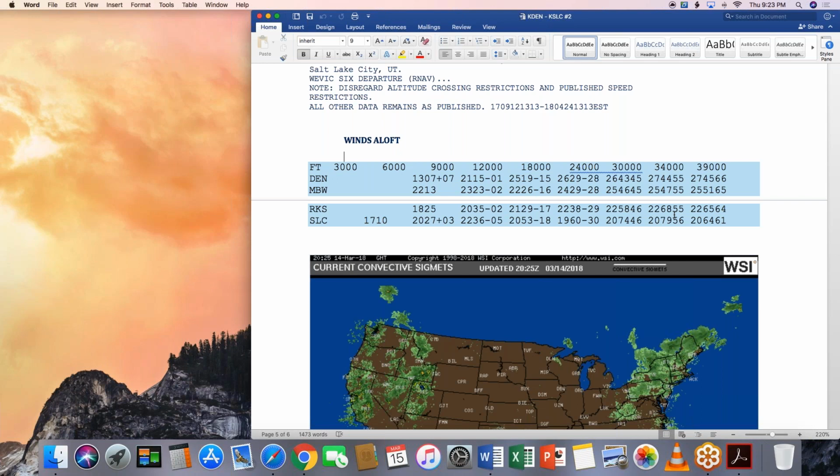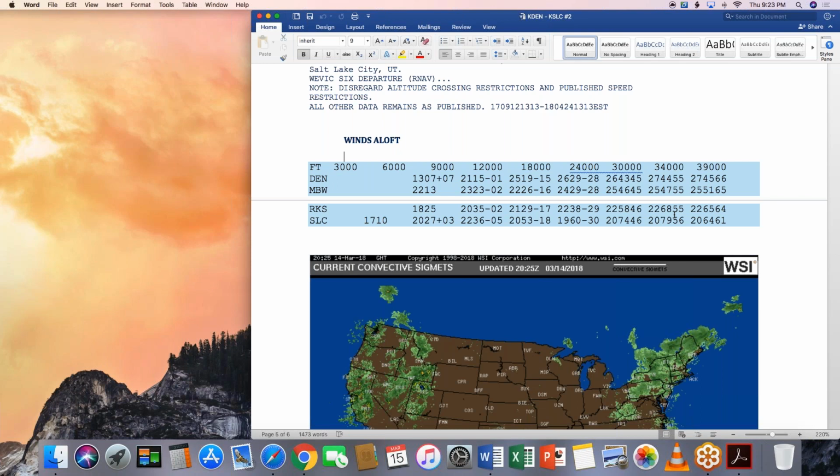So that being said, we know that these two VORs are in this. Rock Springs is somewhere over here, MBW is somewhere over here. Those are the 2 stations that are giving us our weather. You can look them up on Skyvector.